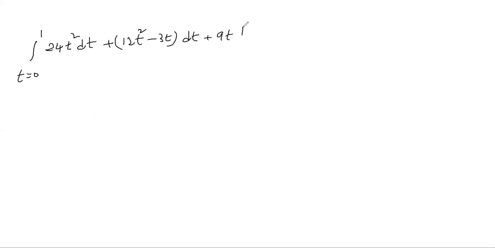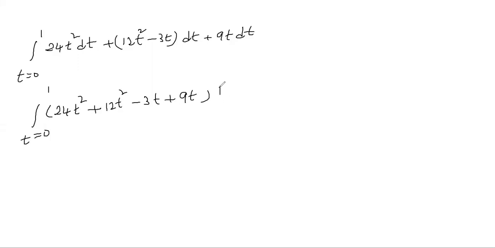So now the integral t equal to 0 to 1. Take dt common. What will we get? 12t square plus 12t square minus 3t plus 9t into dt.